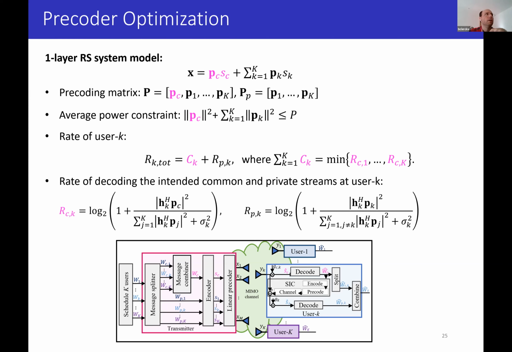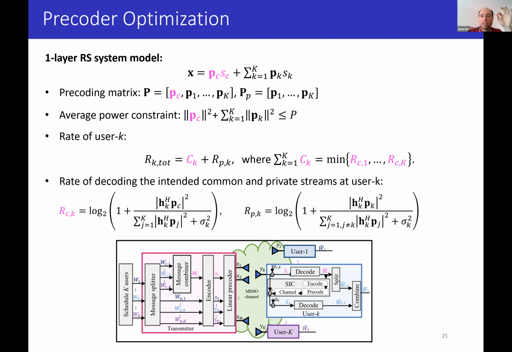If you have imperfect CSIT, then you cannot simply rely on instantaneous rate, you need to rely on ergodic rate. So the optimization is done in terms of ergodic rate, and ergodic rates are achievable as well. So there is no error propagation because the ergodic rate is achievable.